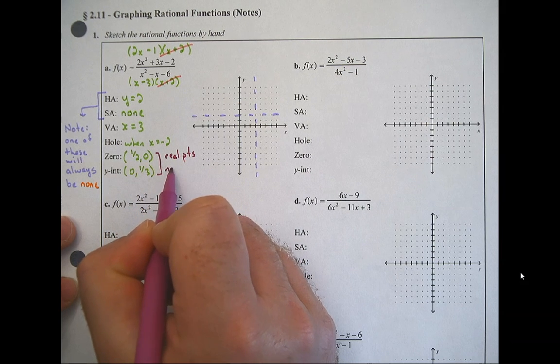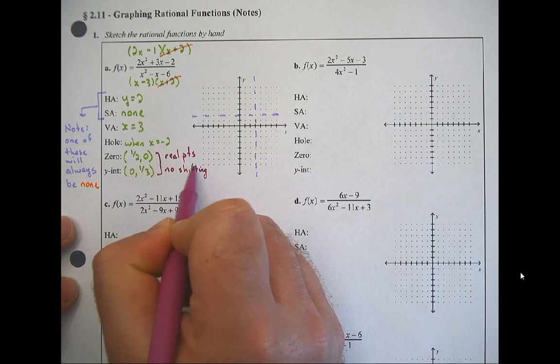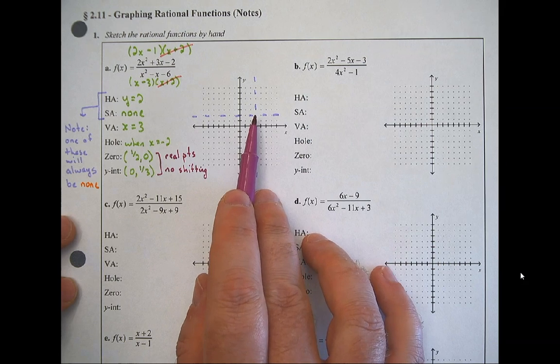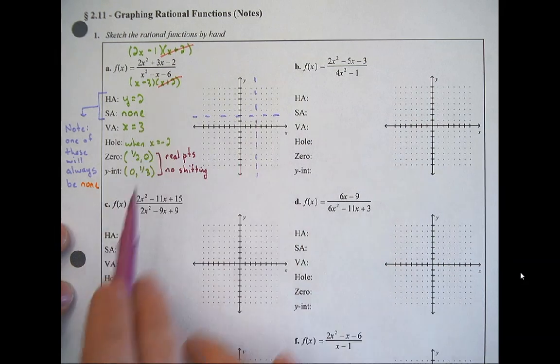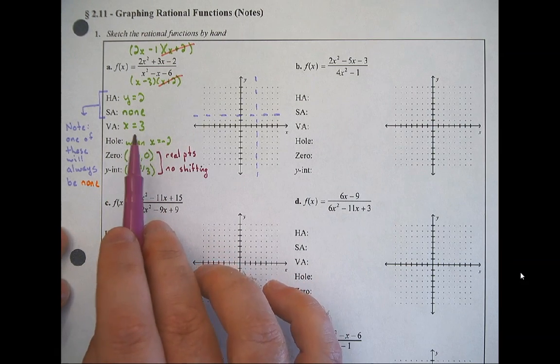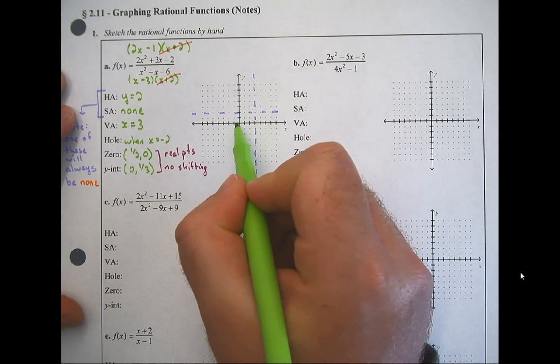No shifting. And what I mean by that, remember when we did the shifts and transformations of functions, and then this became the new 0, 0? That's not the case in this. We found the shifts based on the HA and the VA. All these points are not dependent on the shift. They're independent of that. So the actual 0 is at 1/2, 0.